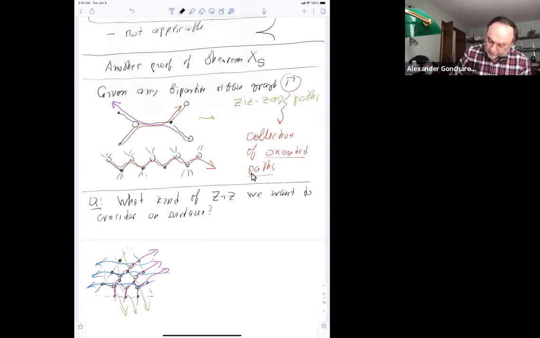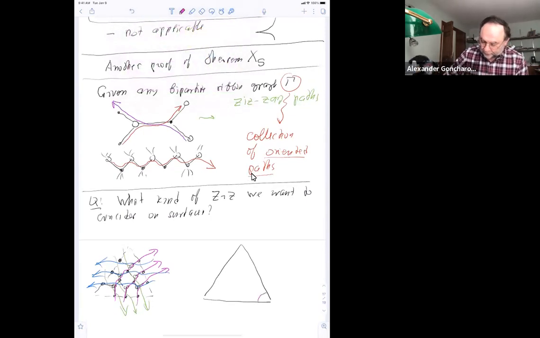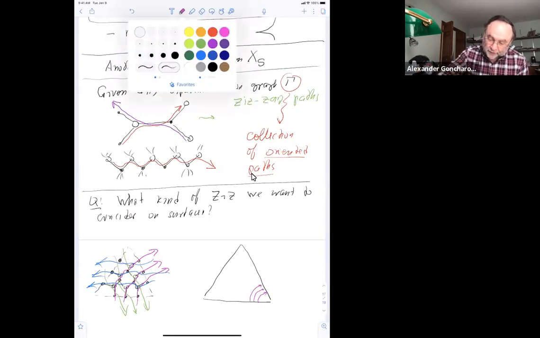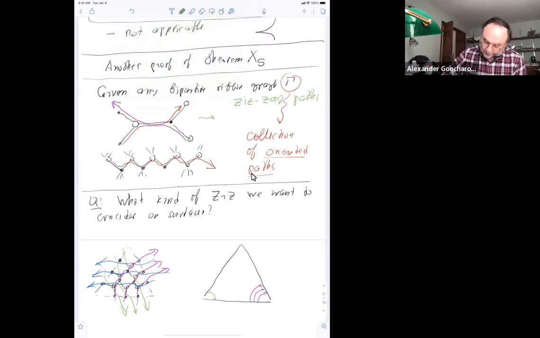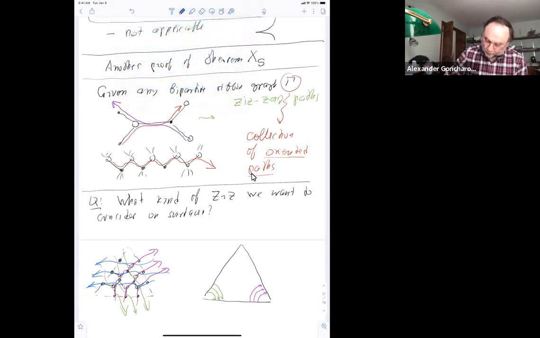Now, if we just forget about the bipartite graph, we notice that we have a triangle, and if you consider one type of them, for example this purple, you can homotope them and see that they go around one of the vertices, and the green ones go around the other vertex. The blue ones go around the third vertex.